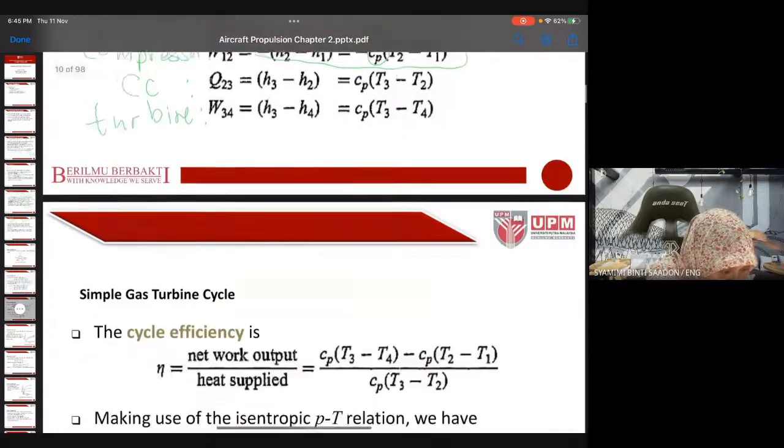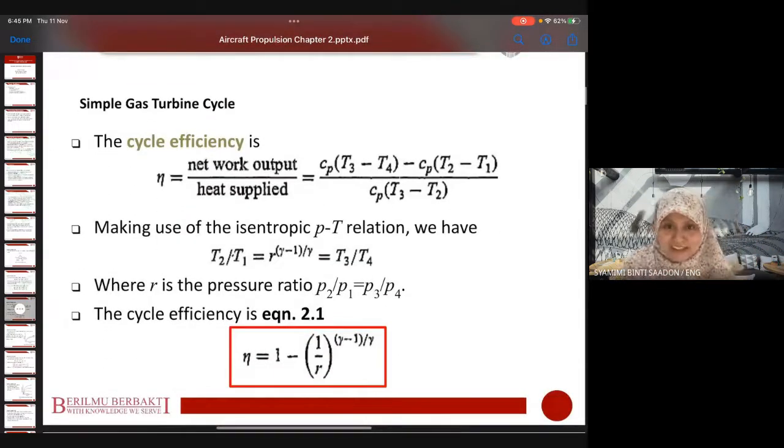So why do we need to evaluate the energy balance of each component? One reason is that we want to measure the whole gas turbine cycle efficiency, the performance. One of the criteria to evaluate the performance of a gas turbine cycle is the cycle efficiency, the ratio of the net work output over the heat supply.